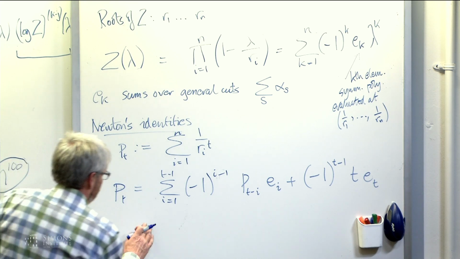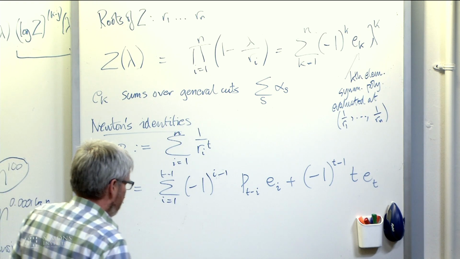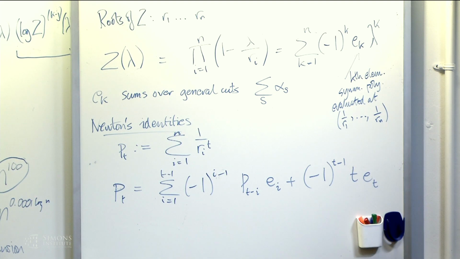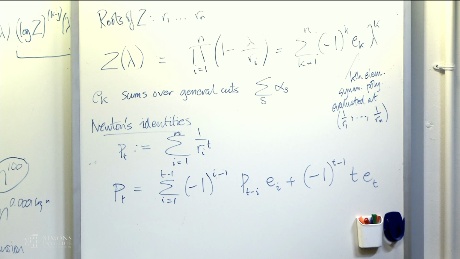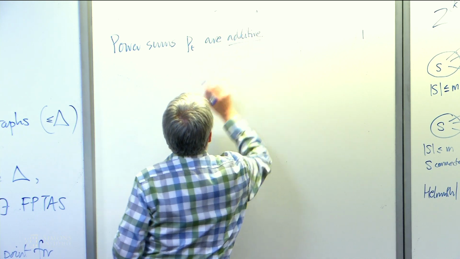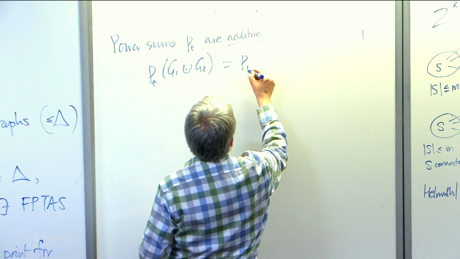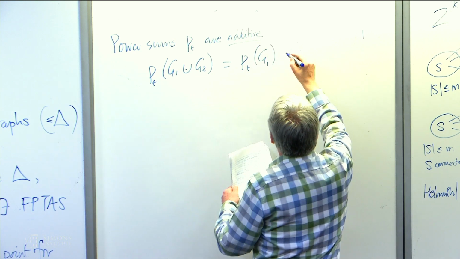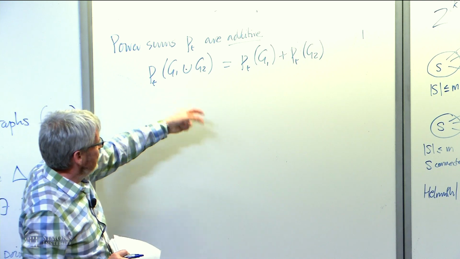Now, the nice thing about the power sums is that they satisfy an additivity property, in the sense that if you look at the partition function for two disjoint graphs, it's the product of the partition functions.